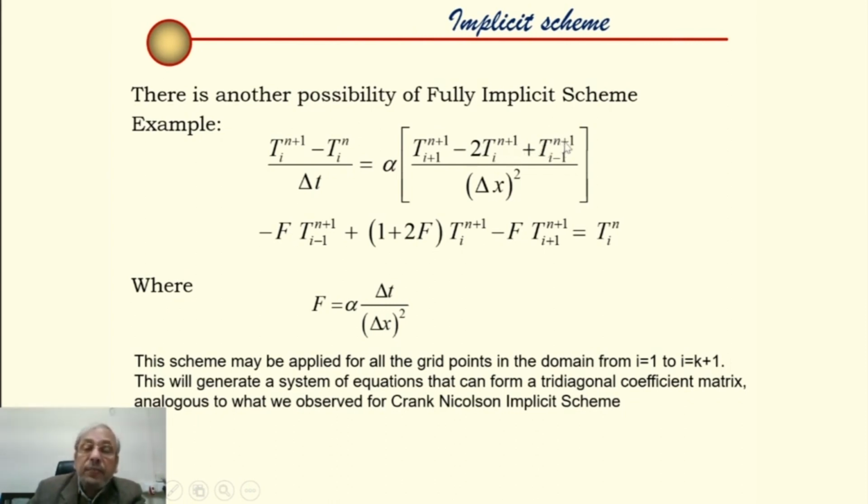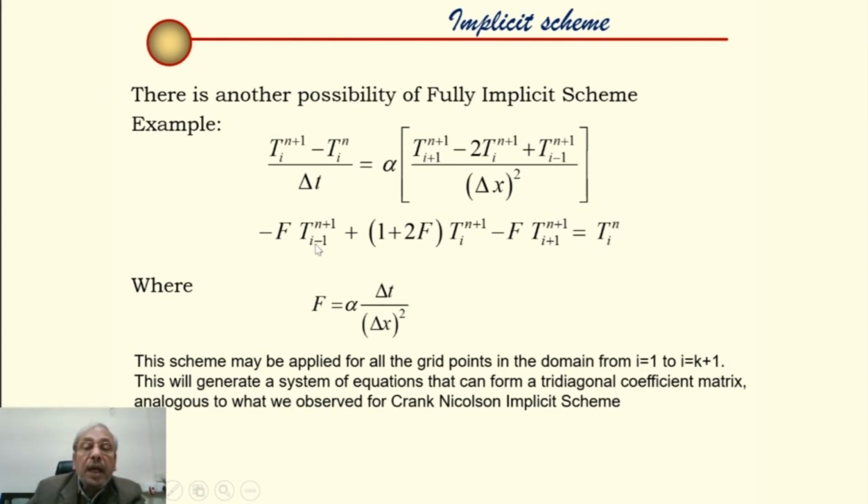So we transfer all the unknown values to the left hand side. We can write Ti minus 1 at n plus 1 with its coefficient, plus 1 plus its coefficient into Ti at n plus 1, minus its coefficient into Ti plus 1 at n plus 1, equal to Ti at n.